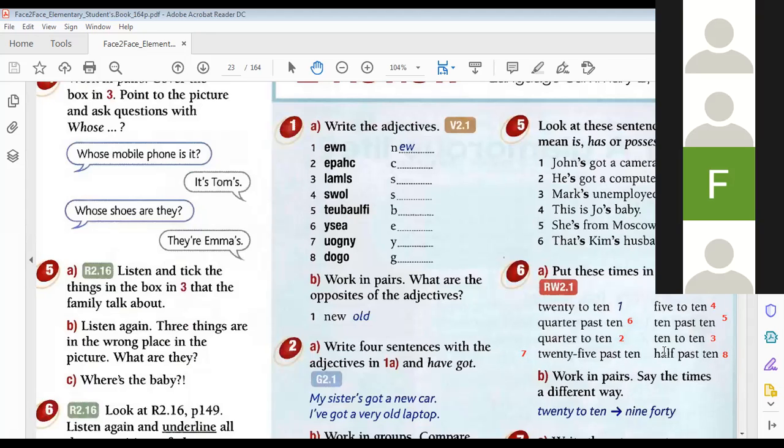And what about 10 to 10, Fatima? What's 10 to 10 in numbers? 9:50. Correct, very good. And Manal, what about 5 to 10? 9:55. Good.